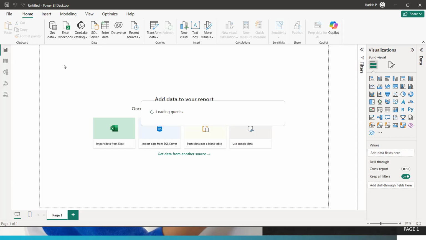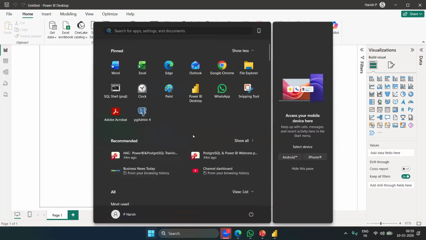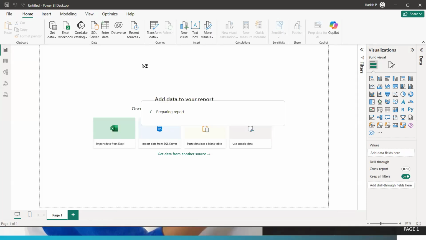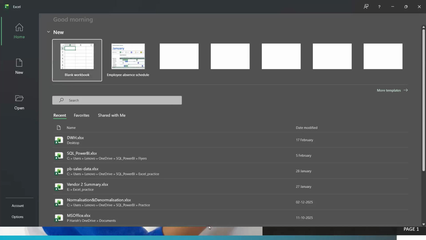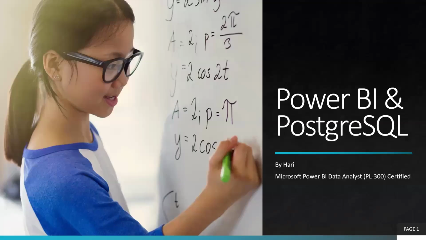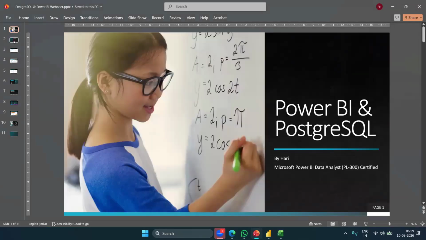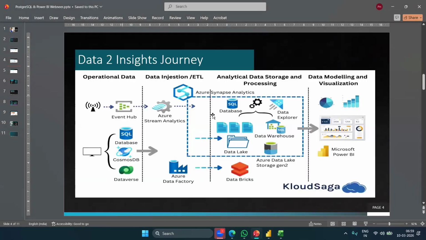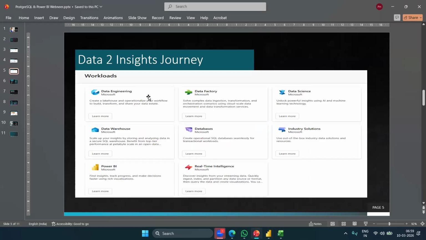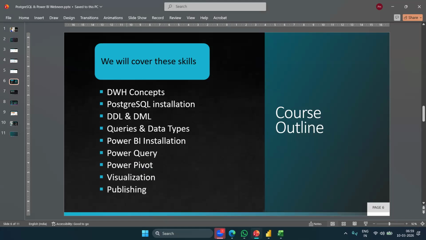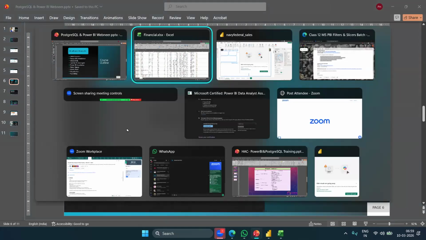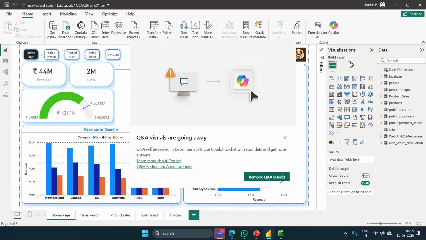Okay, and the user interface of Power BI more or less looks like Microsoft Office tools. Suppose you see here this PowerPoint presentation, right? How we have different images and pictures and some text we are giving. Similar things we can see in Power BI.